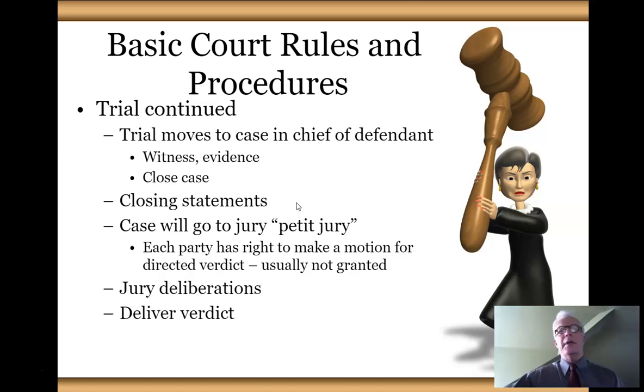End up going to a jury. No, we don't always have to have a jury. Sometimes it can be a judge trial. They call it a bench trial. And then you can ask the judge to direct a verdict, which means this case is so obvious we don't even need a jury. Most of the time, judges let a jury decide it. And then the jury comes back with a verdict.